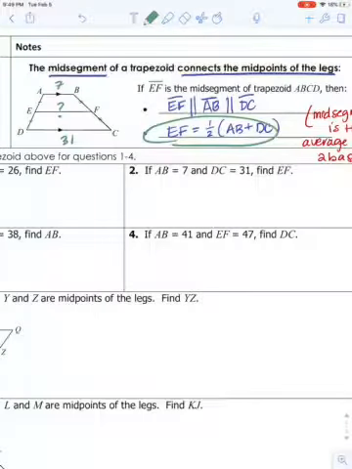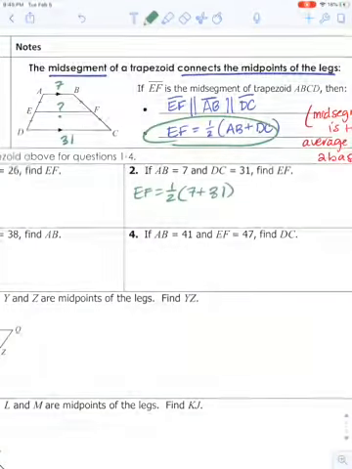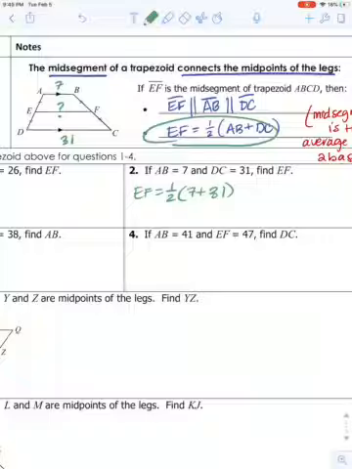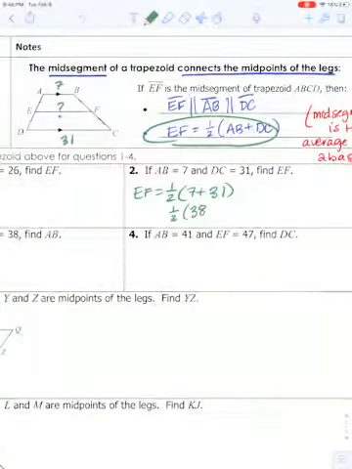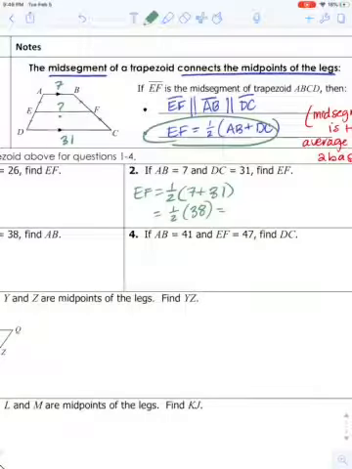So we use this formula: EF is 1/2 of 7 plus 31. Ta-da! And then we just solve. So 1/2 of 38, EF is 19. Make sense?